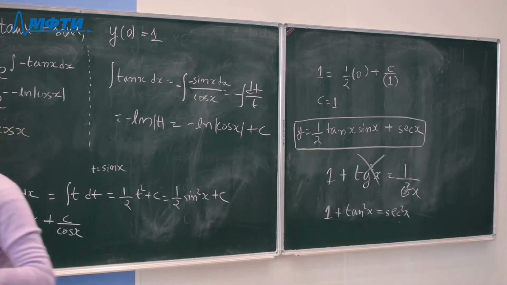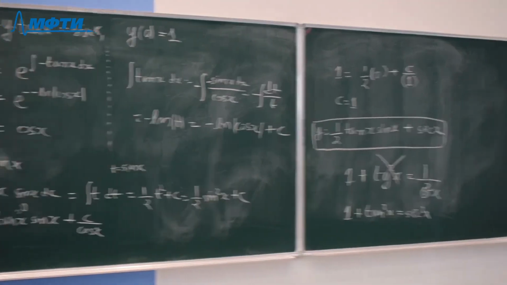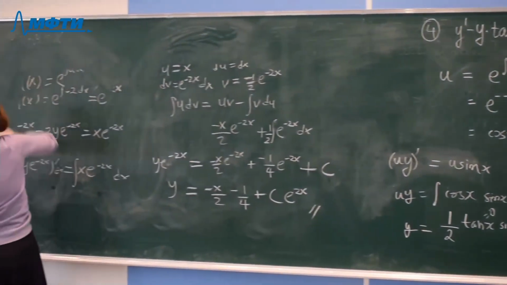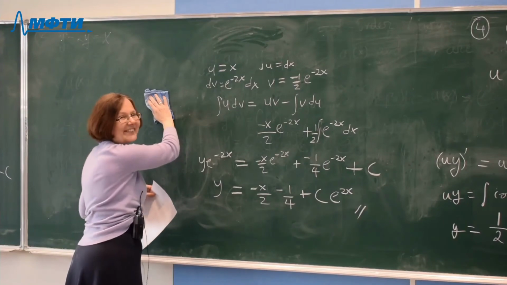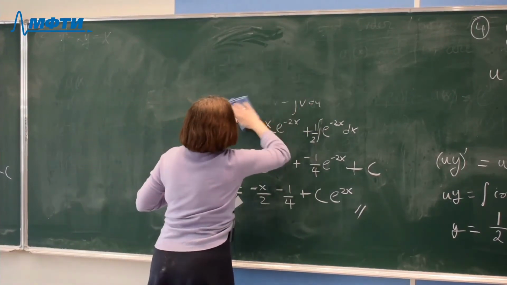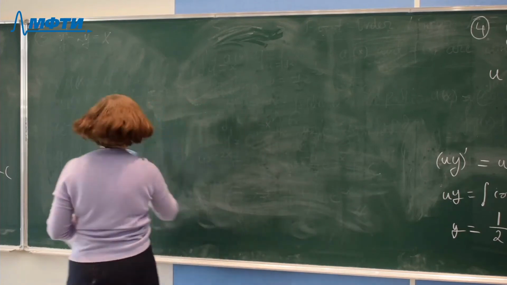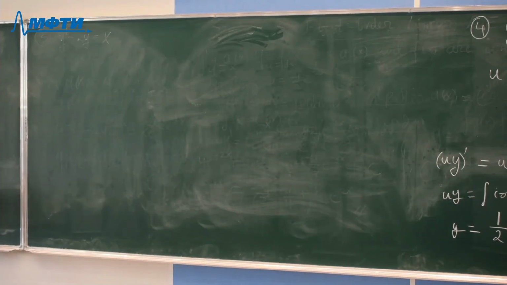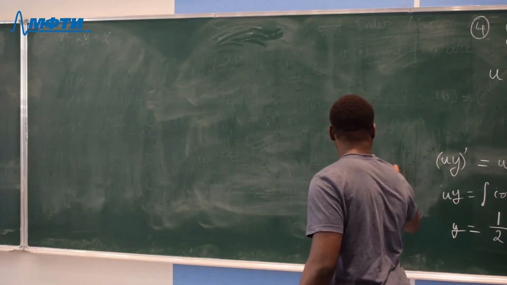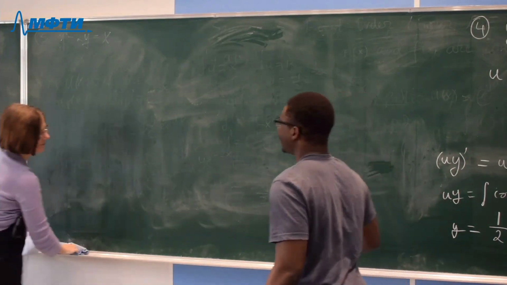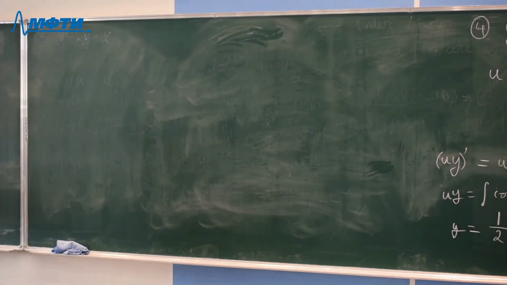And now we will discuss the last problem. I think it is interesting. Now it's your turn, right? The beginning would be difficult, I think, but I will help you in the beginning.